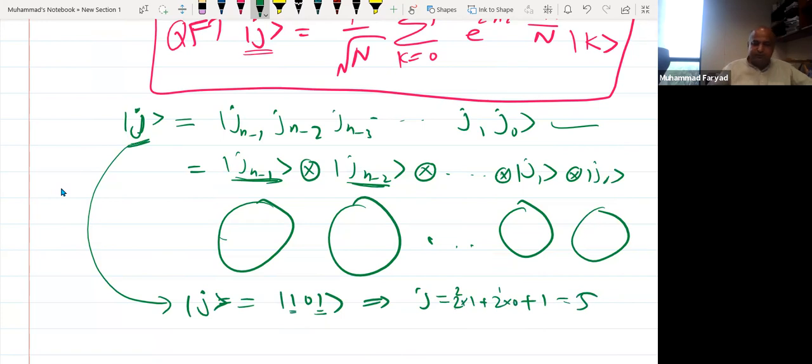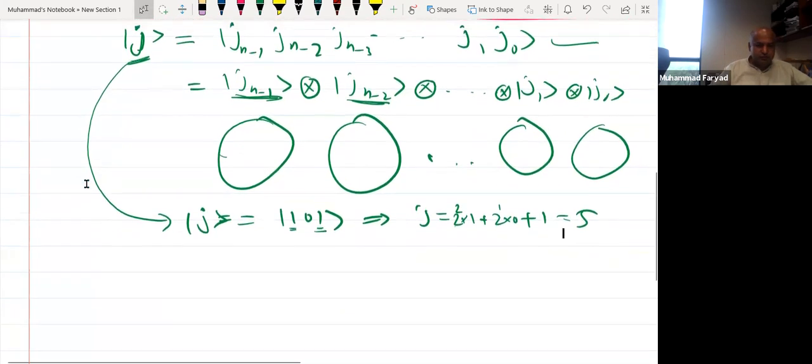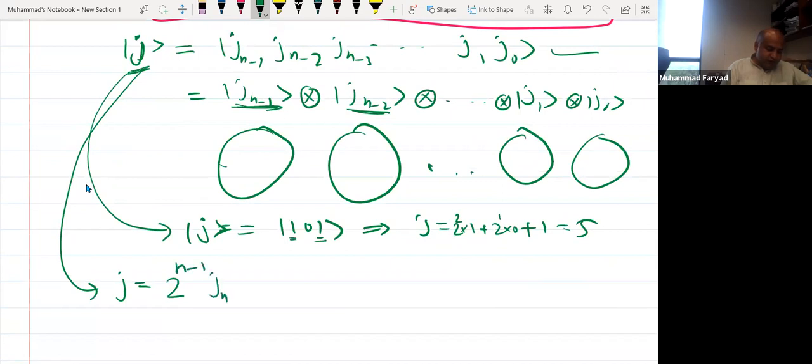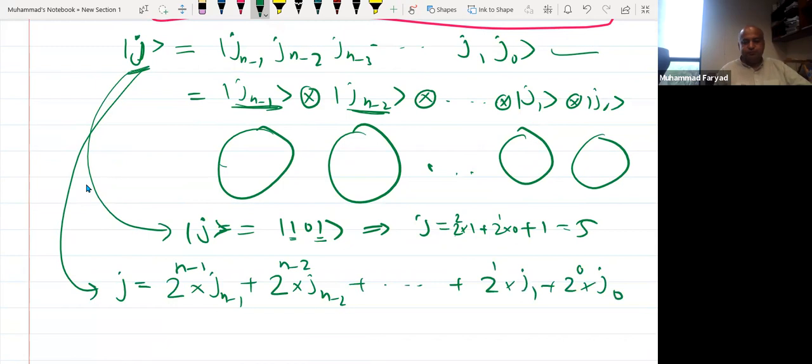So in general, if you have a number like this, then j is given by 2 power n minus 1 times j_{n-1}, plus 2 power n minus 2 times j_{n-2}, and so on, so 2 power 1 into j_1 plus 2 power 0 into j_0.